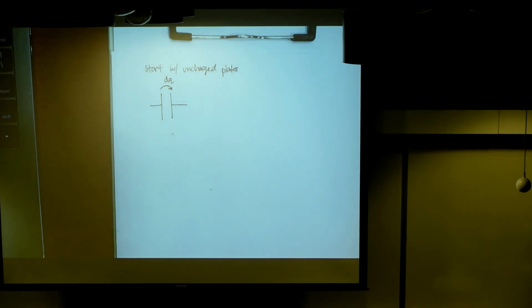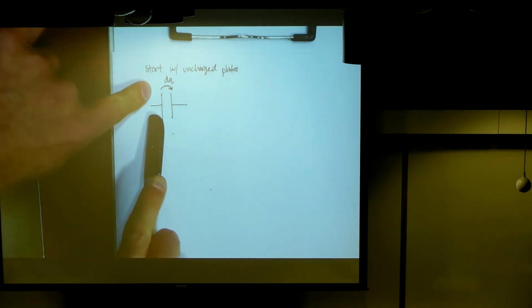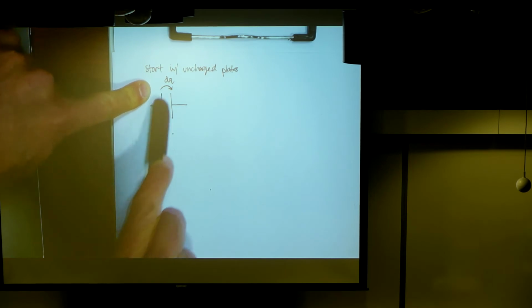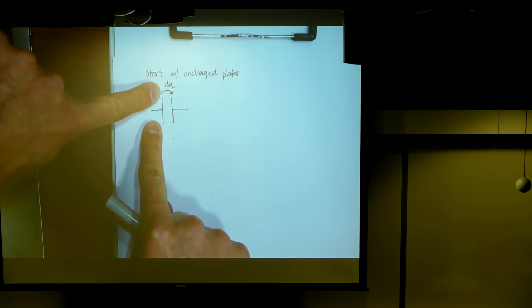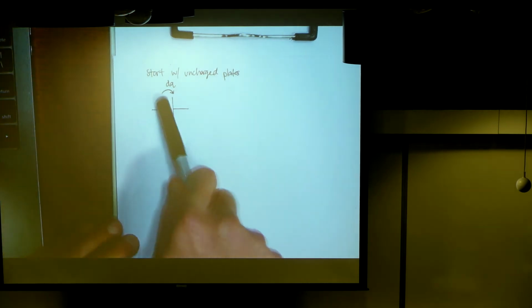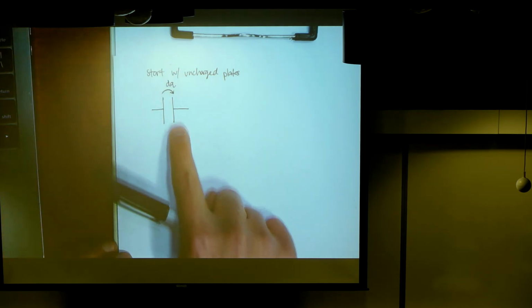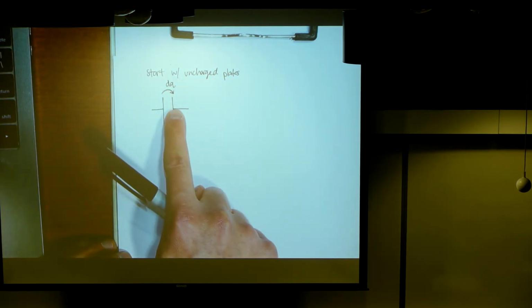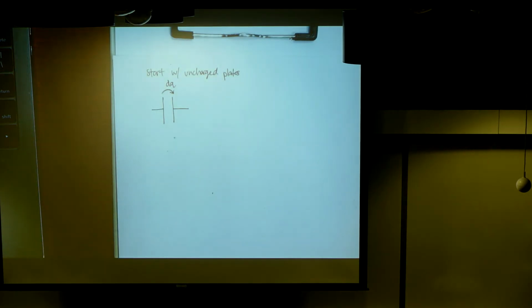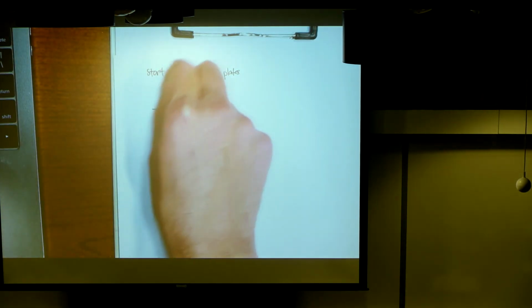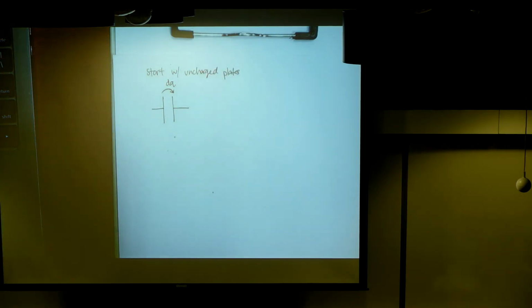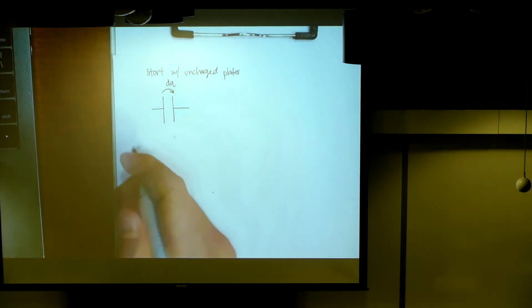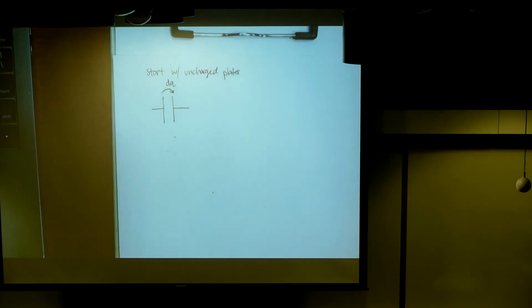So if I lost charge dq from this plate, and we'll assume dq is positive, that means I've got a little bit of a negative charge now here, right? And then because I've moved charge dq to this plate, now I've got a little bit of positive charge here. So we can see that there's opposite charges building up as we do this. So just repeat the process over and over and over again until you've reached your final charge. What we're going to do is figure out, okay, how much energy was required to move all that charge over. That's what we want to find, okay?